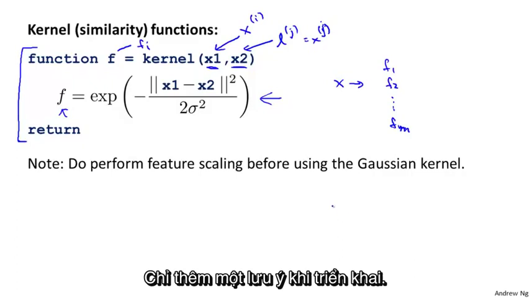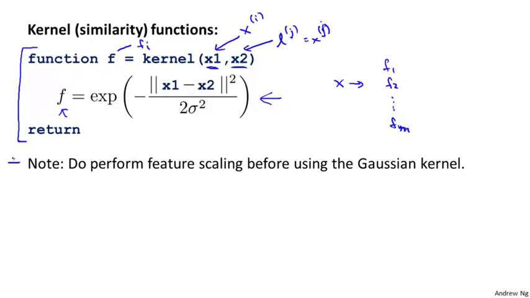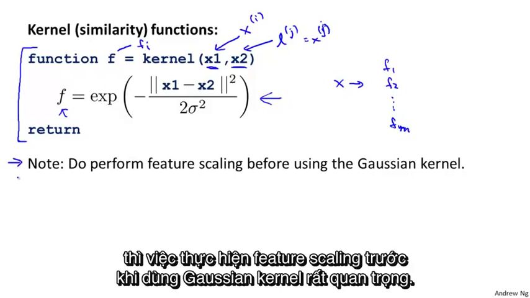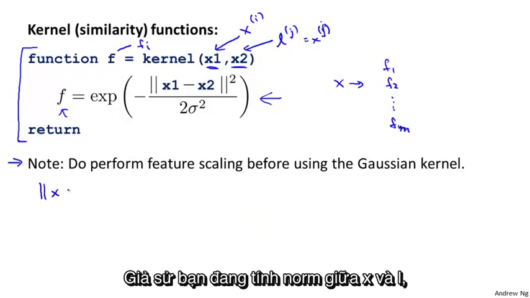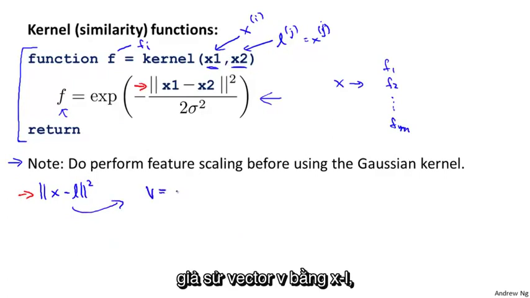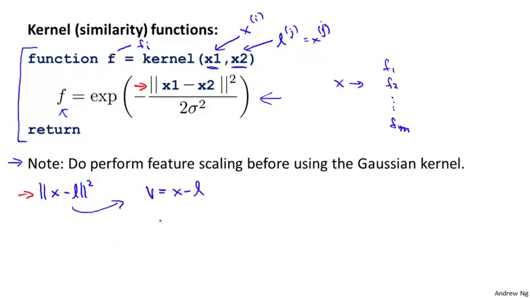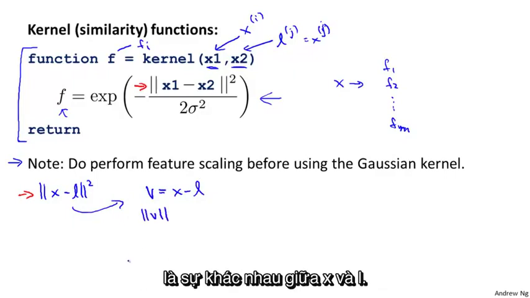Just one implementational note: if you have features on very different scales, it is important to perform feature scaling before using the Gaussian kernel. And here's why. If you imagine computing the norm between x and l, so this term here is sort of like the numerator term over there. What this is doing, the norm between x and l, is really saying, let's compute a vector v, which is equal to x minus l, and then let's compute the norm of this vector v, which is the difference between x and l.